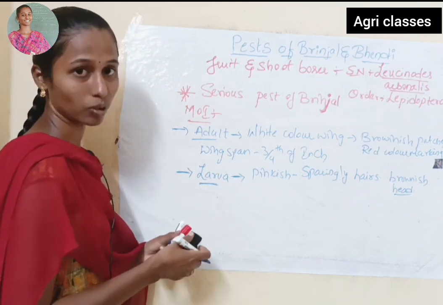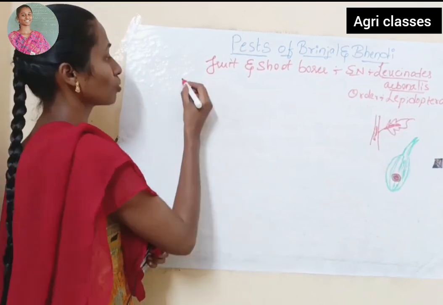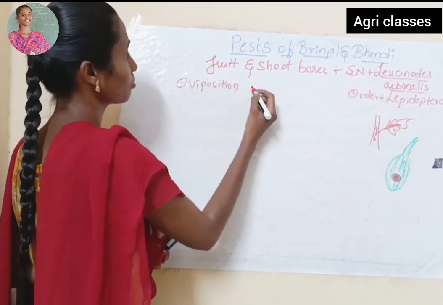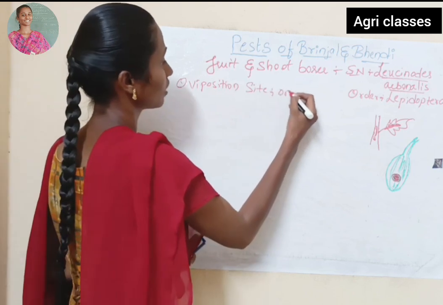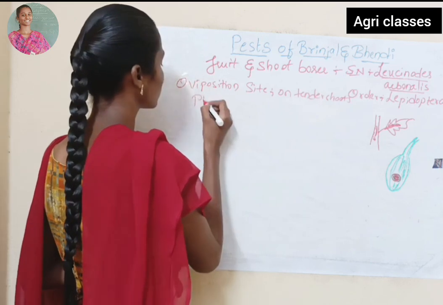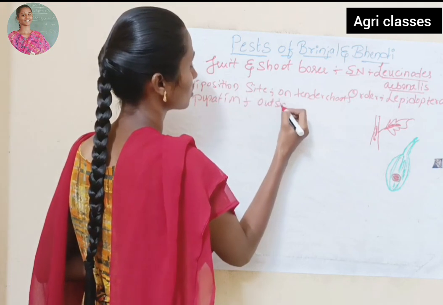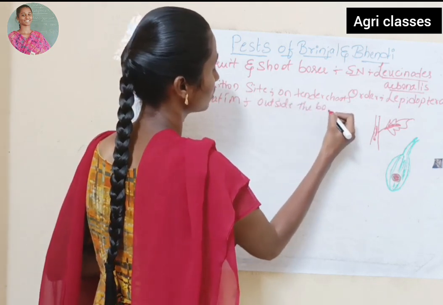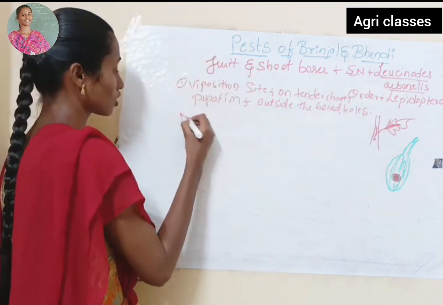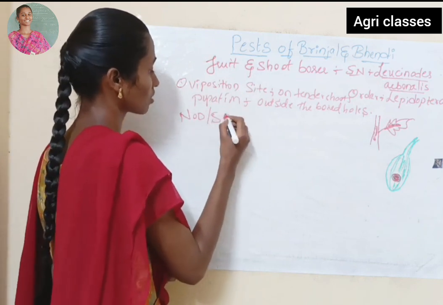Then next I will discuss the nature of damage and symptoms of damage. First I will discuss the oviposition site and then the pupation site. The oviposition site is on tender shoots of the plant. The pupation site: it will pupate outside the bored holes. Okay. So now, nature of damage and symptoms of damage.